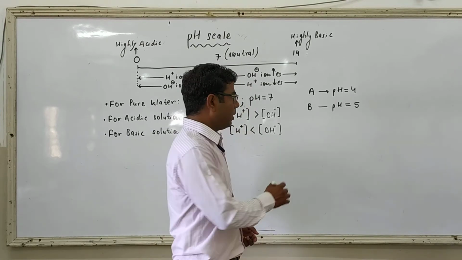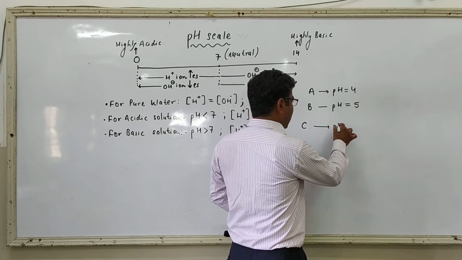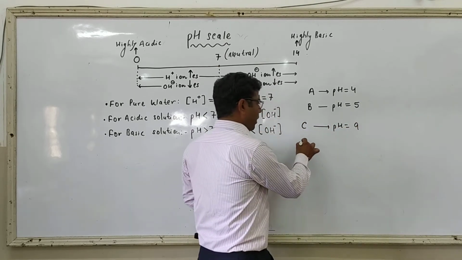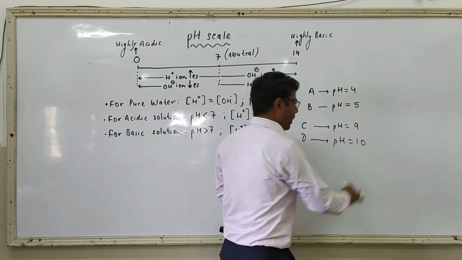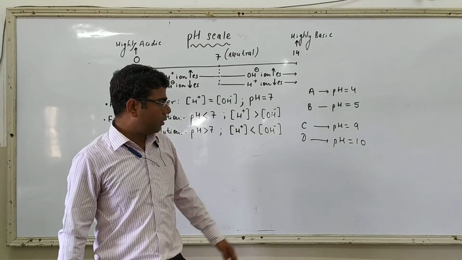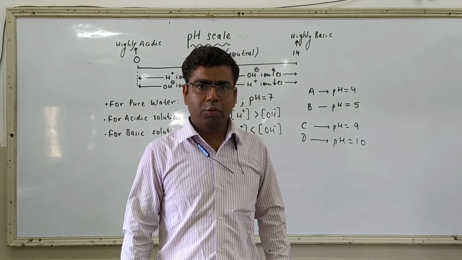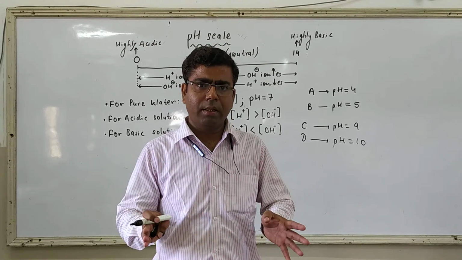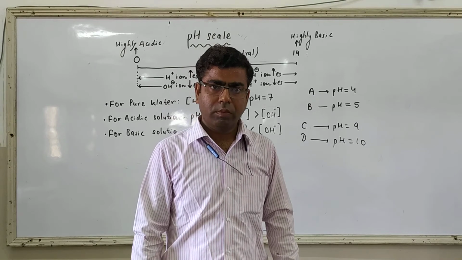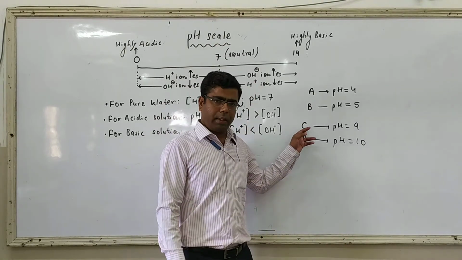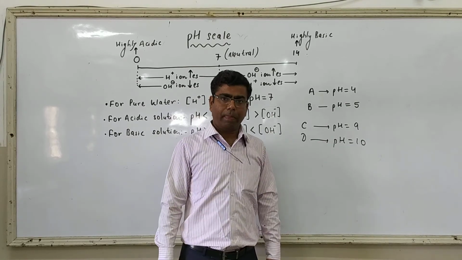Second case, let us take solution C having pH equals to 9 and solution D with pH equals to 10. Since both the values are more than 7, it clearly represents that the solution will exhibit basic character. Values are given: C with pH value 9 and D with pH value 10.